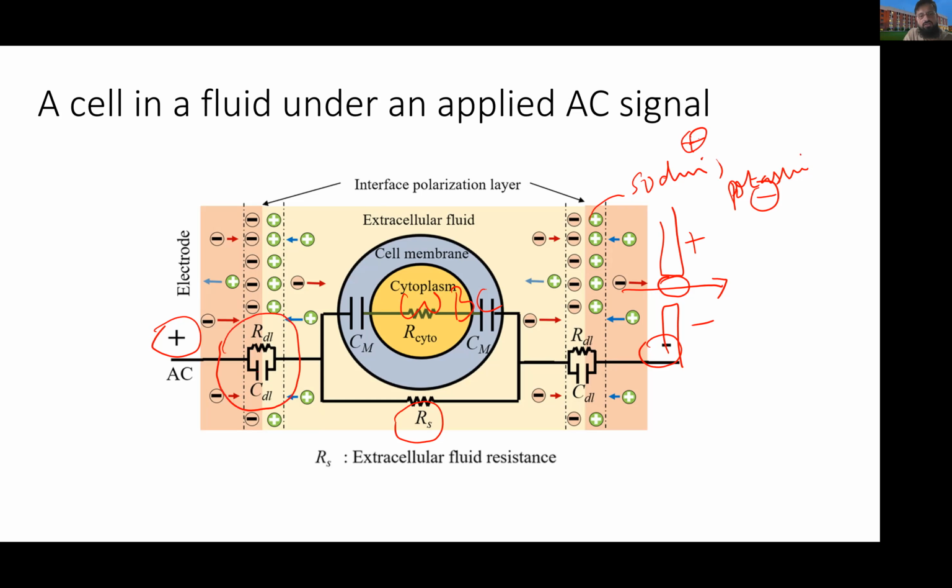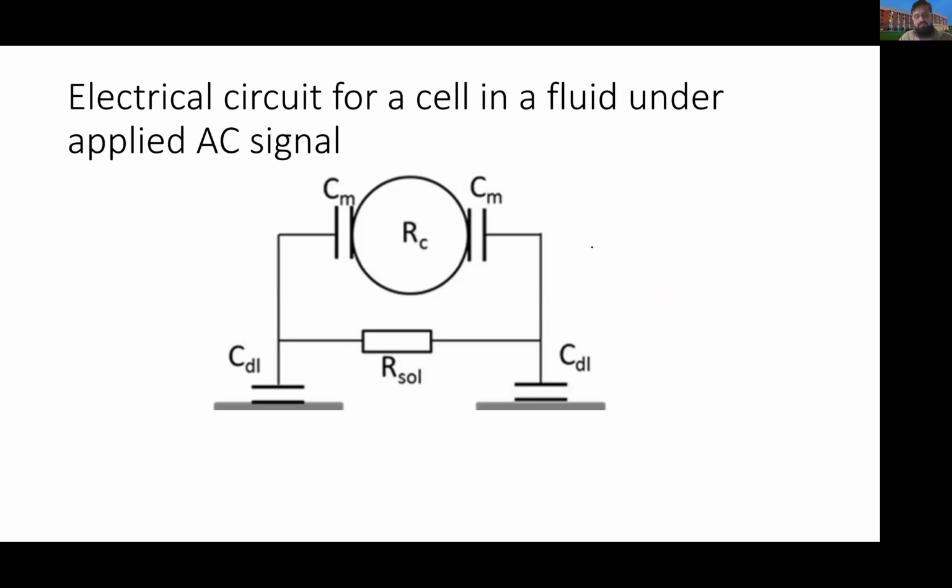It's also a combination of a resistance and a capacitor. So we have an additional component attached to the cell circuit. If we combine all these things, the complete picture looks something like this. And so from the biological cell, we just converted that thing into a simple electric circuit. Right?